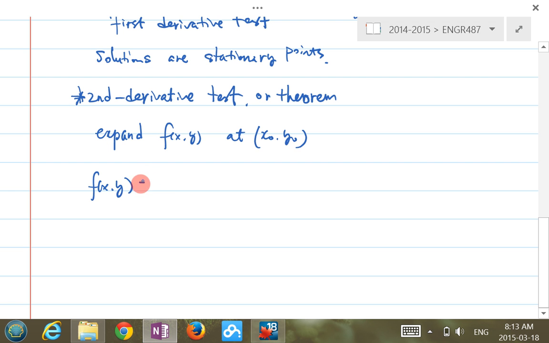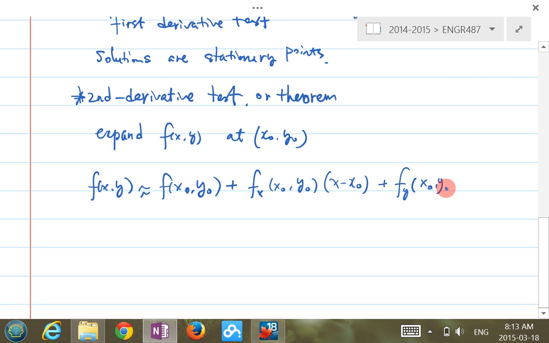It's approximately equal to f of x0, y0, plus the partial derivative fx at x0, y0 times (x minus x0), plus fy at x0, y0 times (y minus y0). That's the first-order partial derivative terms, and then we'll go to the second order only.